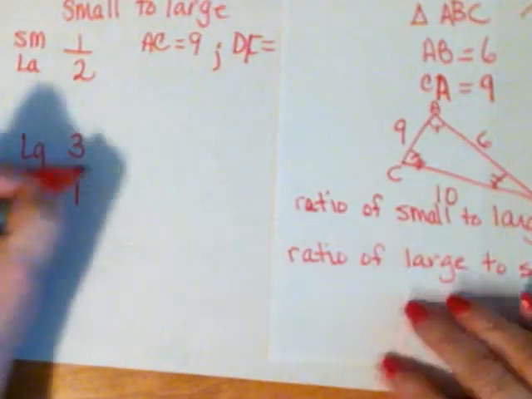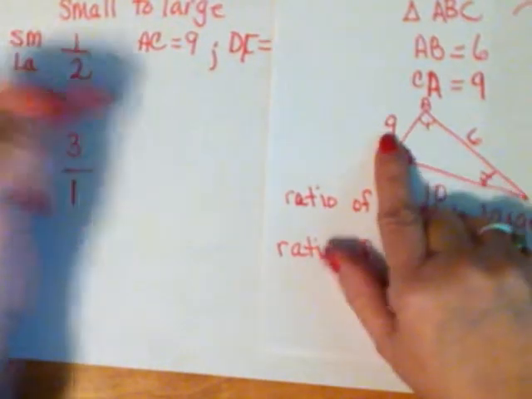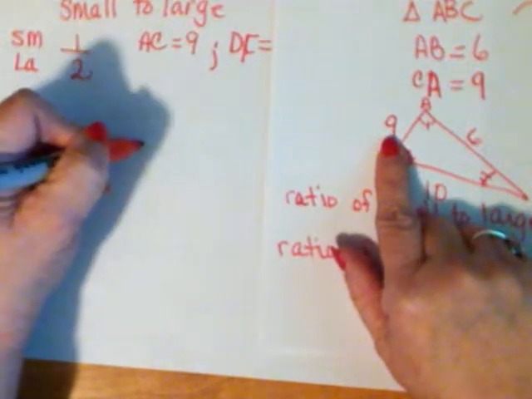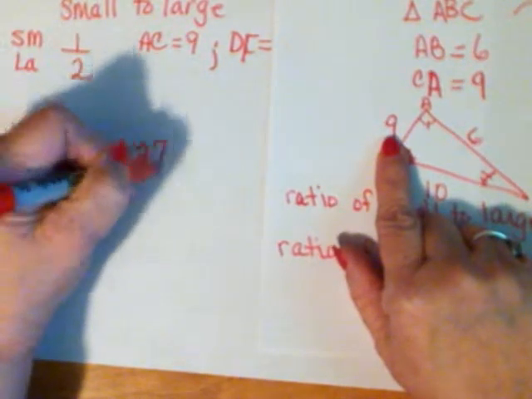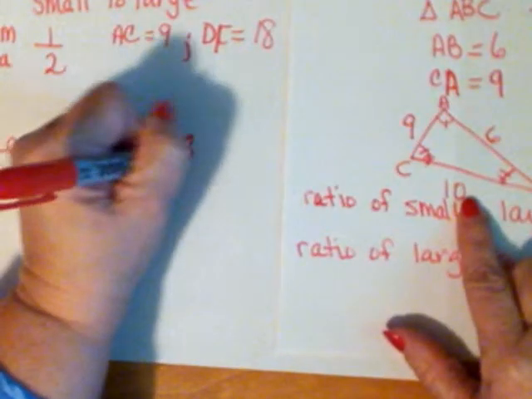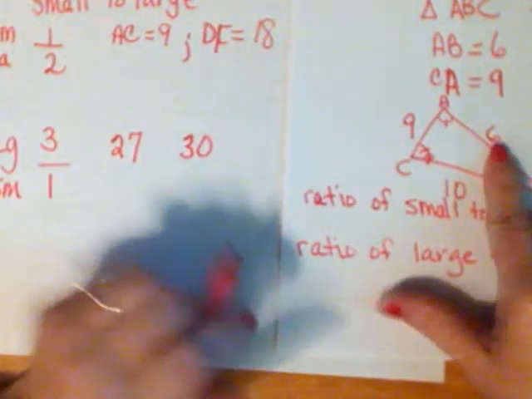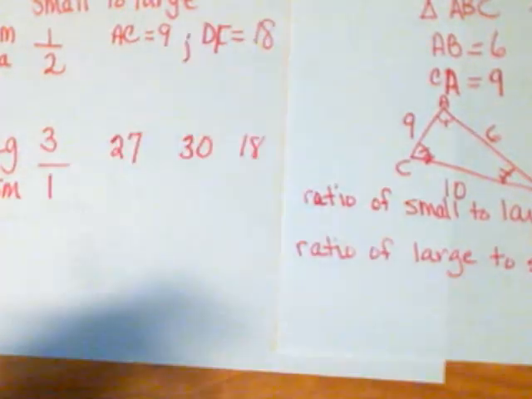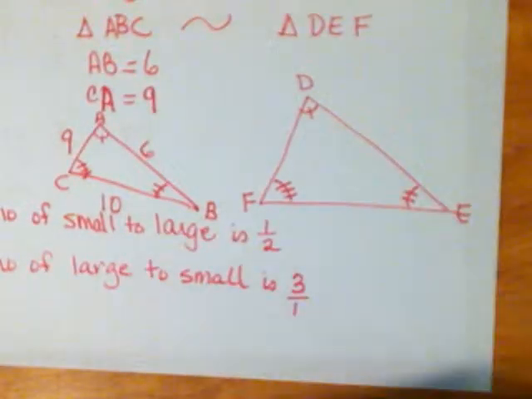If the ratio is 3 to 1, then the small side is 9, so the large one's 9 times 3 is 27. The next is 10 times 3 is 30, and the last is 6 times 3 is 18. So that's kind of a review of similar triangles and proportionality.